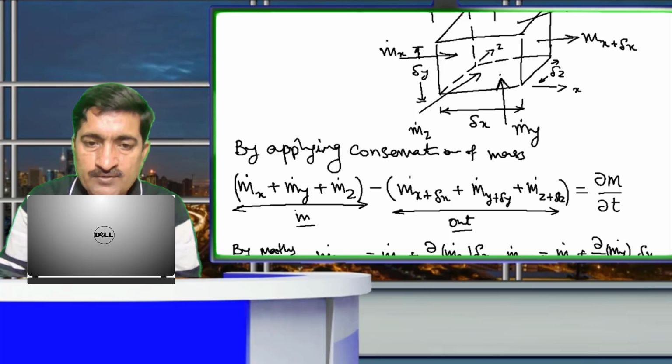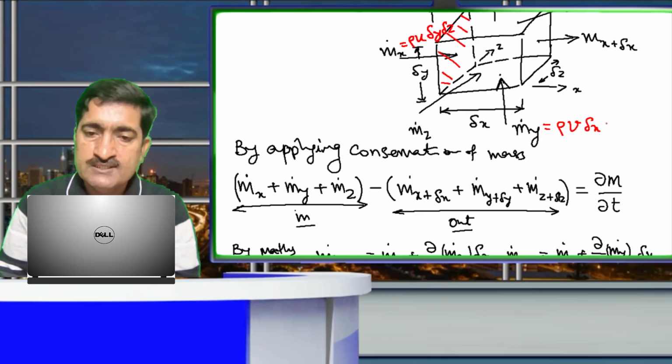So mass flow entering from this side is rho into u into delta y into delta z. Similarly in the y direction, my is rho into v into delta x into delta z.